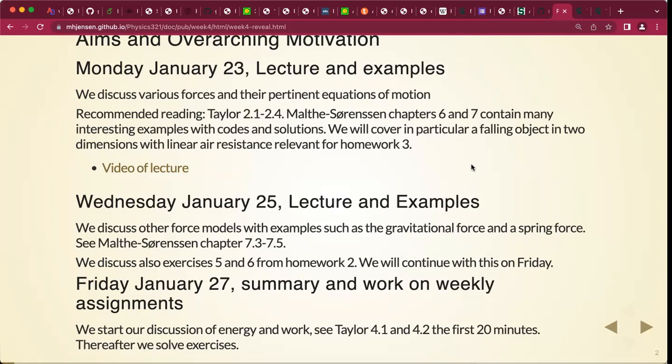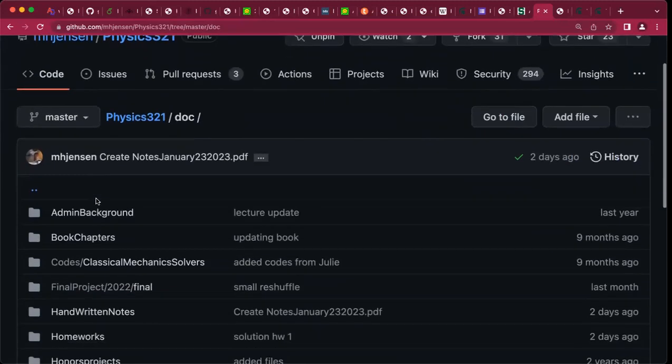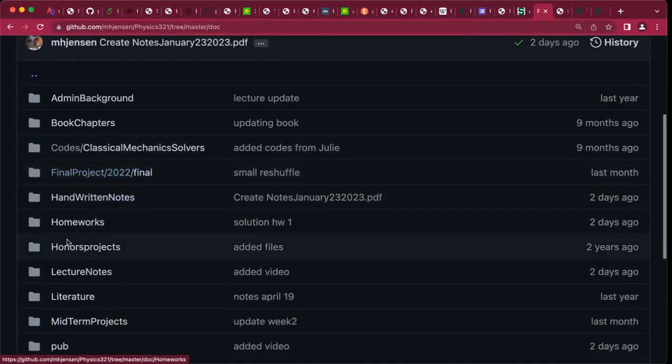Now, I've been asked about something like an honors option, and this is fully possible with classical mechanics. If you go into the main GitHub address, this allows me to indicate where we have possible honors projects. I have listed a series of projects which people have looked at in previous years.